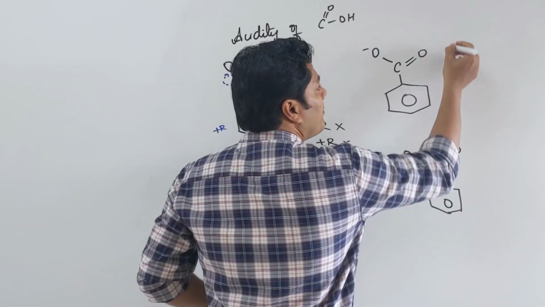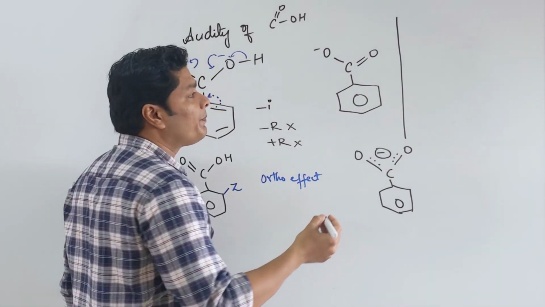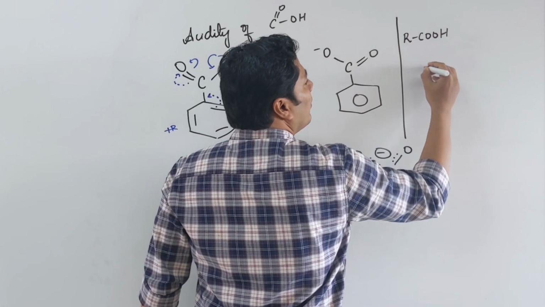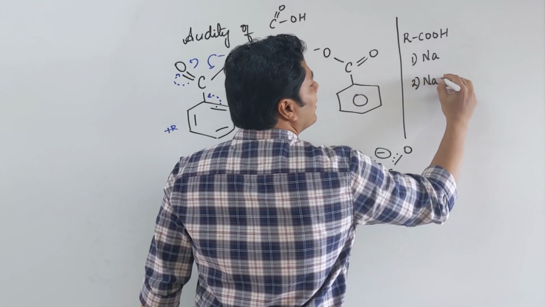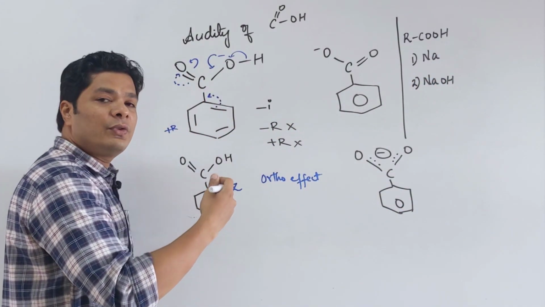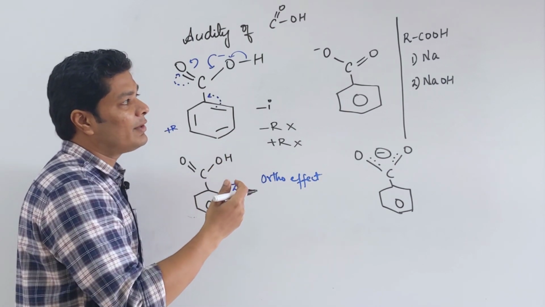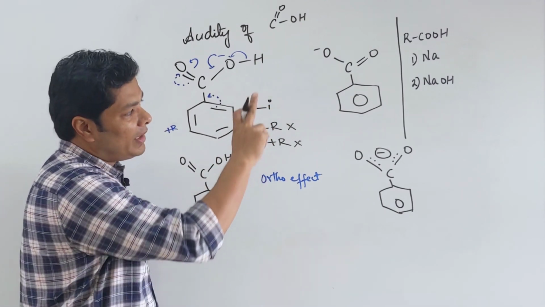What does it mean? It will end up giving you a couple of reactions. RCOOH will react with sodium hydroxide. Just like a phenol, we saw this. Phenol with sodium hydroxide gives sodium phenoxide. Similarly, an acid with sodium will give you your sodium carboxylate ion in both cases.